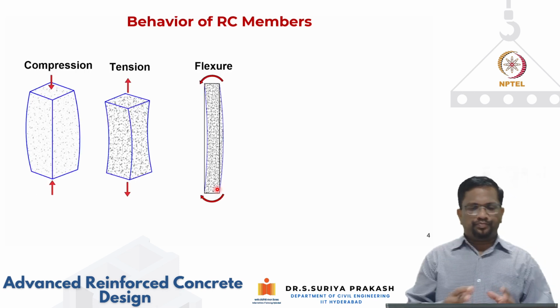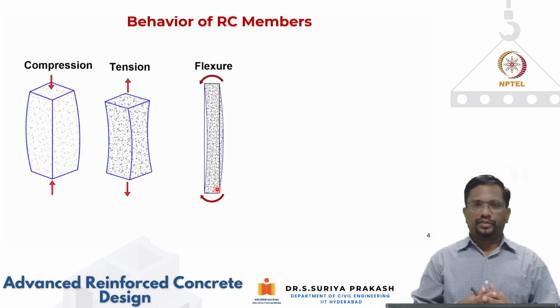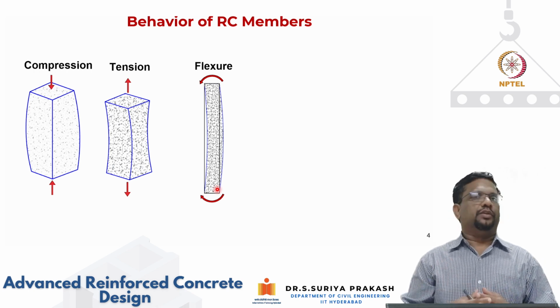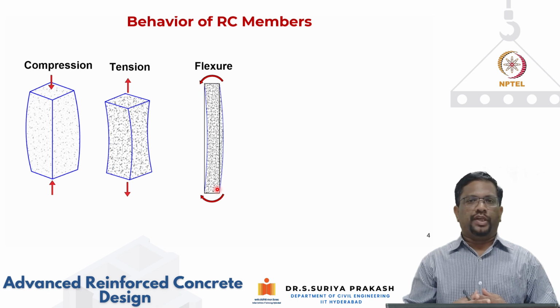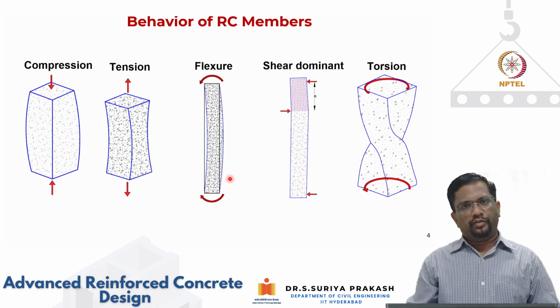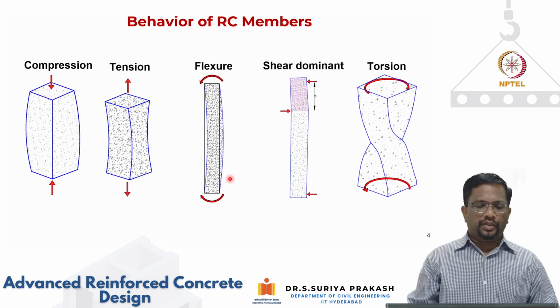Right. So usually, the external loads are applied on the structural systems, and these external loads manifest in the form of internal forces. These internal forces can be broadly classified as axial forces, which could be compression or tension, or bending.